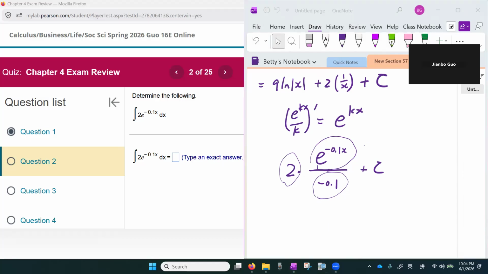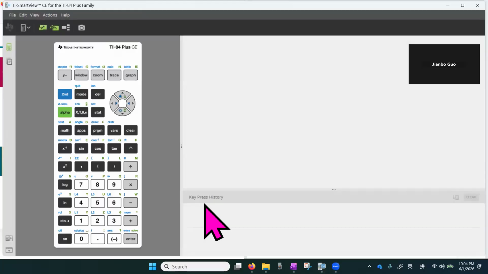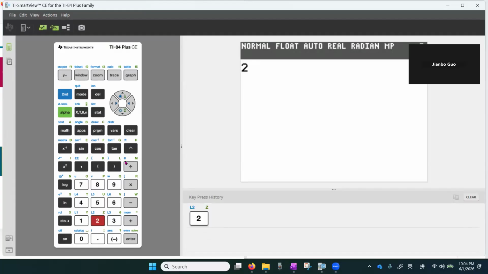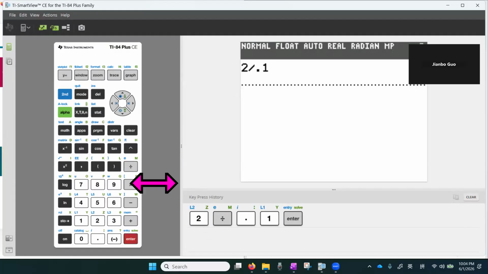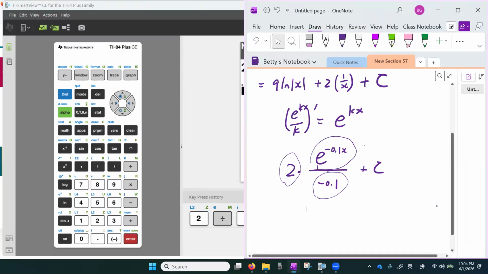If we divide 2 by 0.1, we should have 20. And don't forget the negative sign. So we have negative 20e to the negative 0.1x plus C.